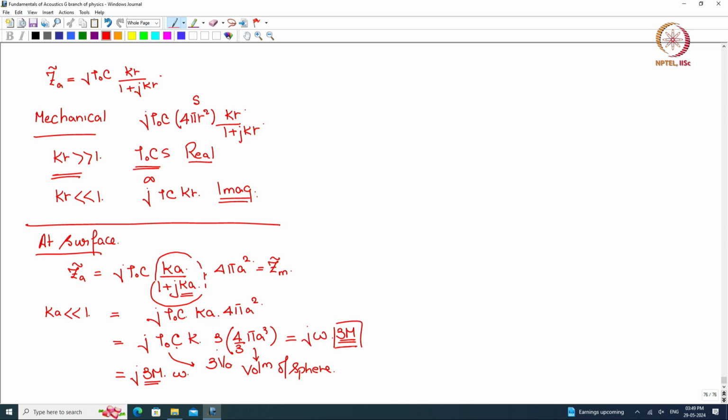Okay, so what do we mean by this at the surface? It means this small monopole is seeing the rest of the universe as 3 times the mass of a volume of air that is enclosed by the sphere.